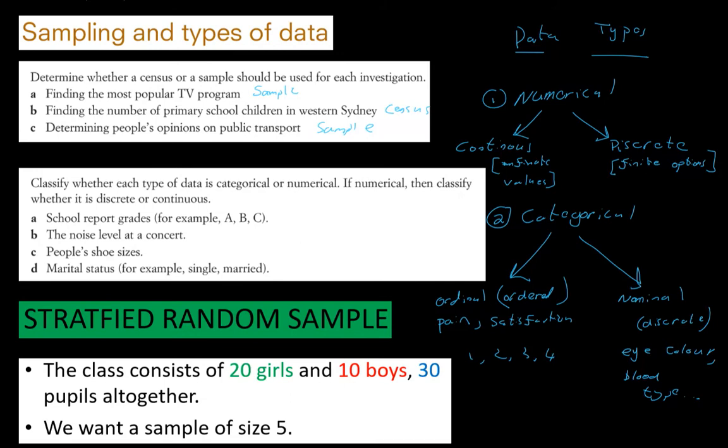This is categorical ordinal. This is numerical continuous. This is numerical discrete. And this is categorical ordinal.